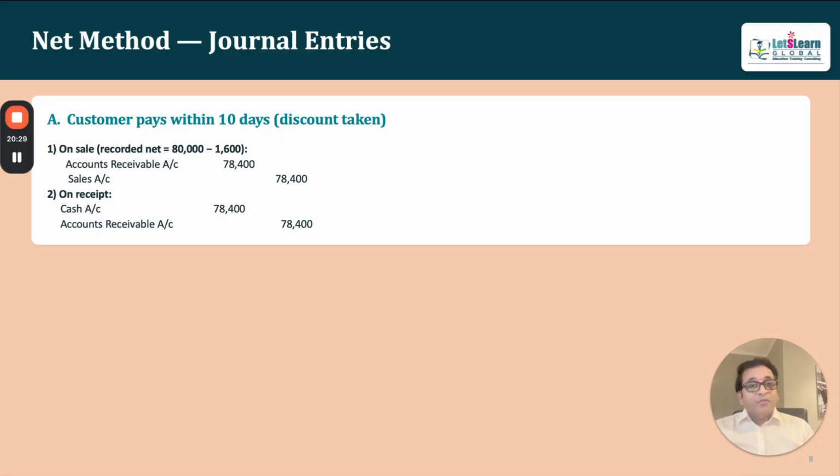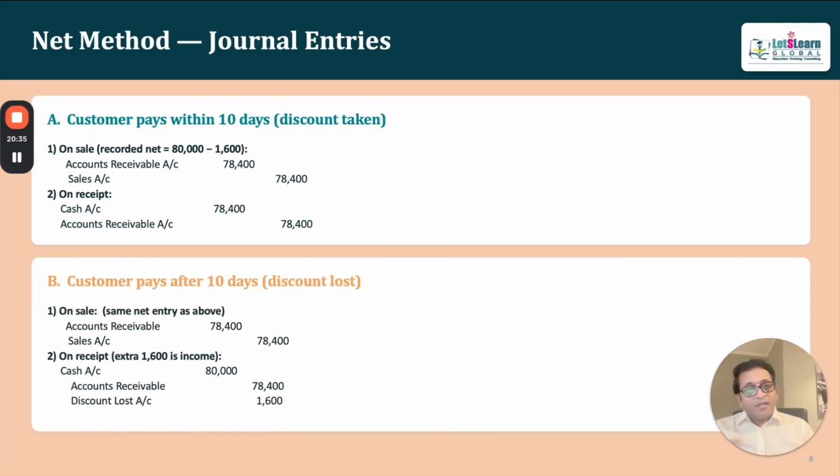But what happens if the customer does not turn up? In that case, as we recorded initially when the invoice was raised at 78,400, now the discount is forfeited. The amount of discount, we need to add it. So on the 11th day itself, we will notify the customer that your discount is forfeited and your amount is going to be 80,000, not 78,400 anymore.